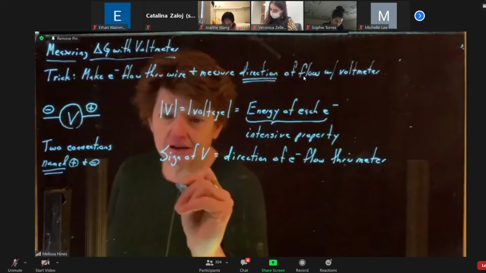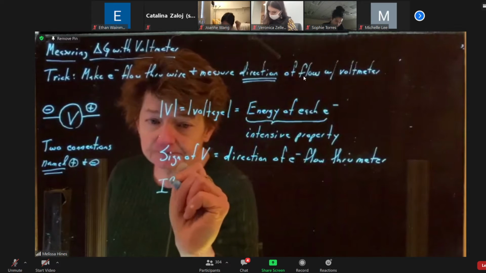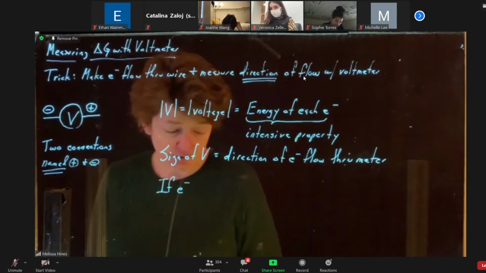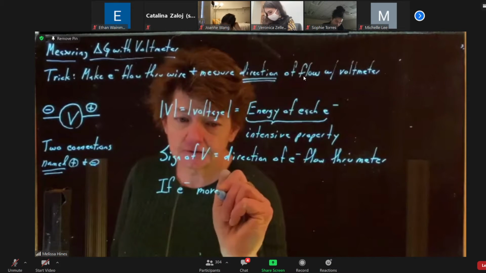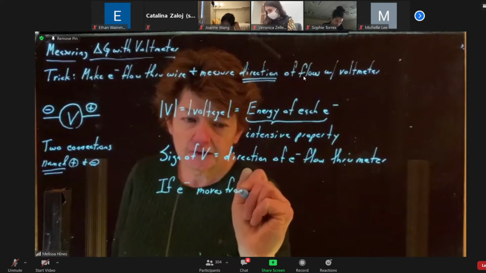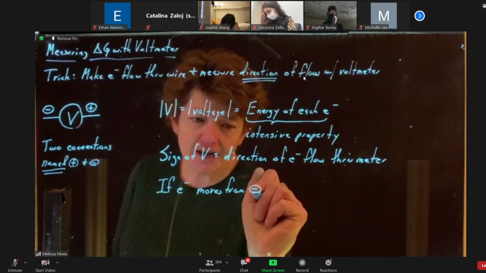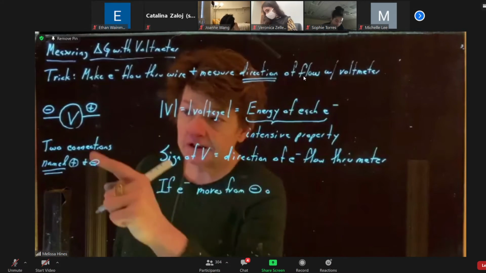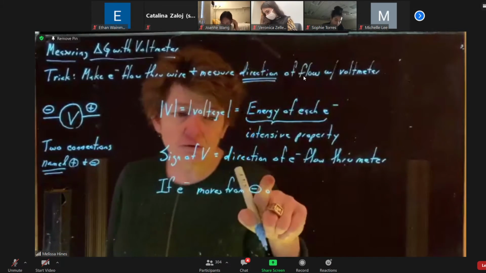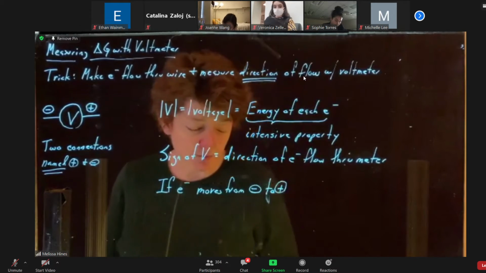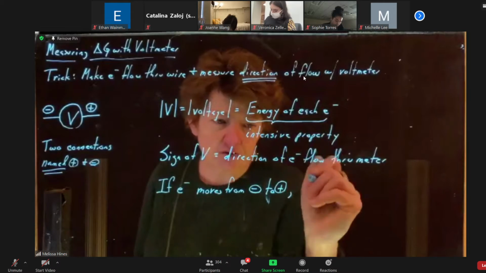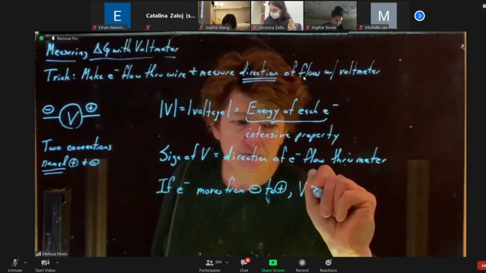So let me give you how to decode that. If your electron moves from negative to positive, so if it moves from the negative side of the voltmeter to positive, then your voltage is going to be greater than 0.